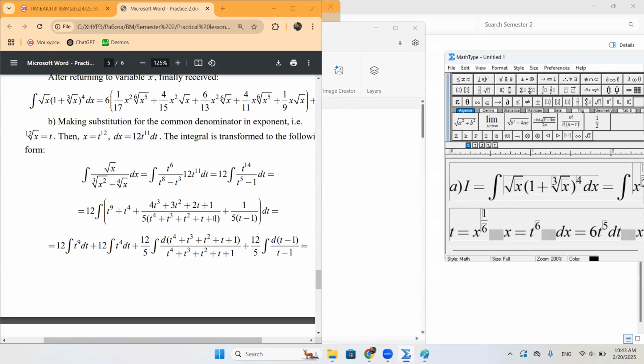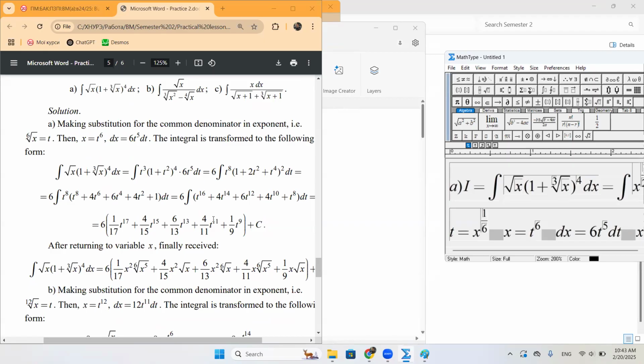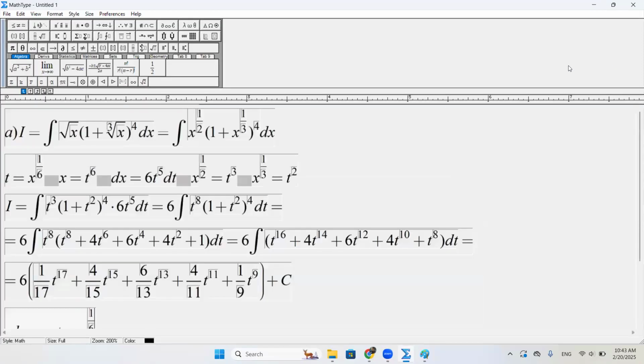Yeah, Bogdan, question? Yeah, I have a question. How did you decompose this expression, 1 plus t to power of 2 and everything in power of 4? You decompose it to t to power of 16 plus 4 times t to power of 14 and so on. You mean this expression? Yes.